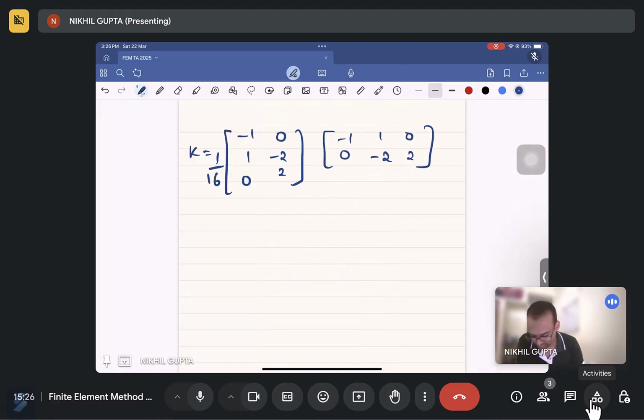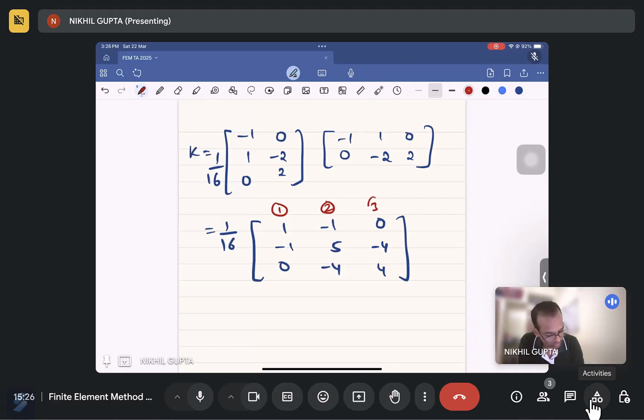So when you solve this, you will get 1 by 16, 1, minus 1, 0, minus 1, 5, minus 4, 0, minus 4, 4. Accordingly we can write this for nodes 1, 2, 3. Similarly, we have to solve for element 2 as well.